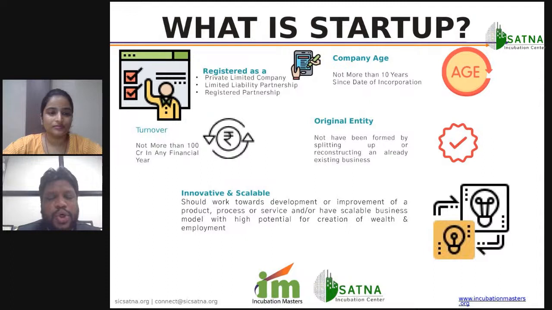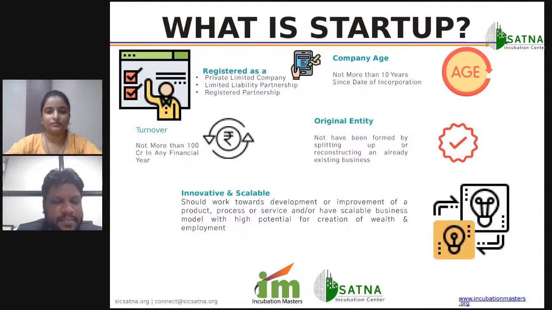Like if one company is working on two departments, two setups, and you have split one off and then you are coming for the startup, that will not come under the benefit, and you cannot claim that as a startup. You cannot have the status of a startup. So it has to be an original entity. It should not come from splitting or reconstructing any existing business.